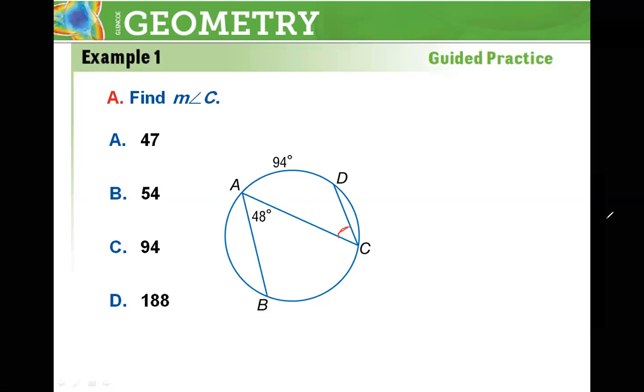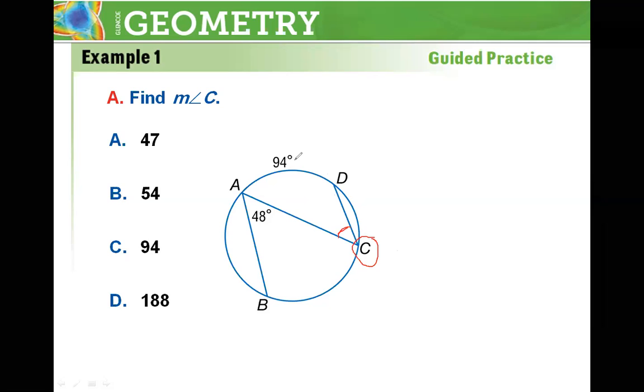Abdullah, I need to find the measure of angle C. We divide 94 by 2 because angle C is an inscribed angle. And the measure of the inscribed angle is half the measure of the intercepted arc, or opposite arc.